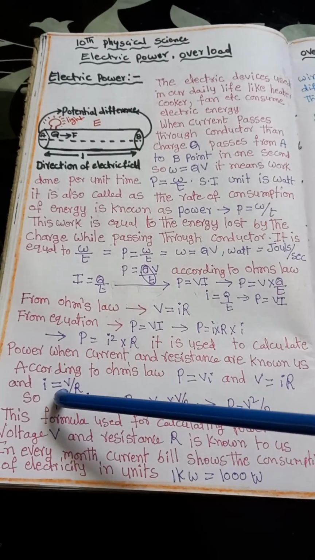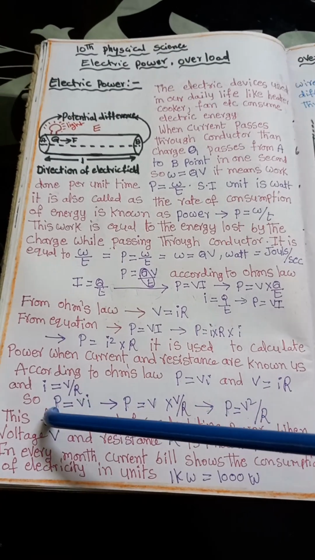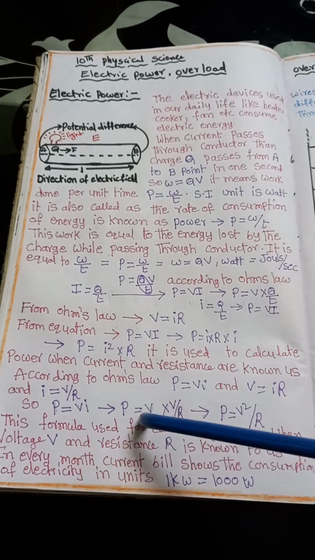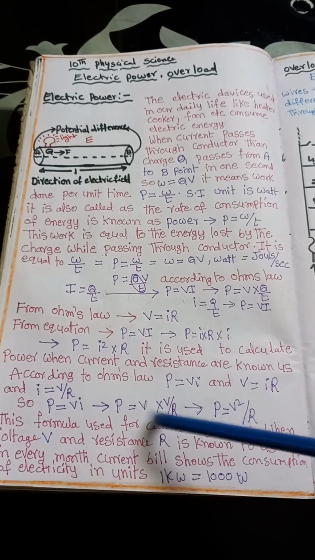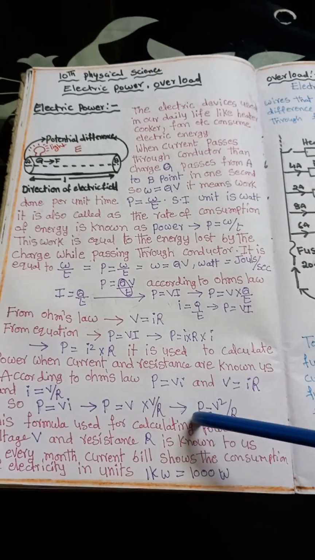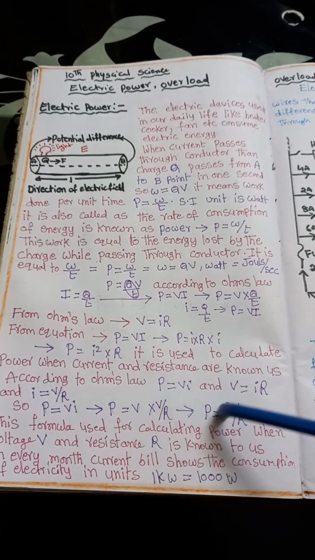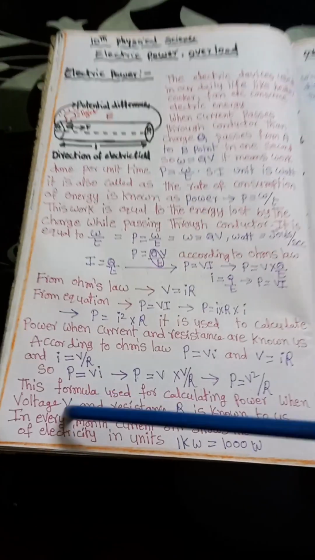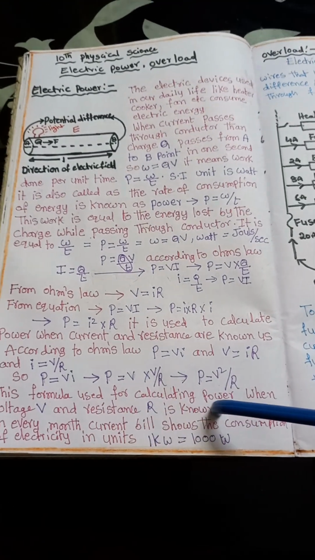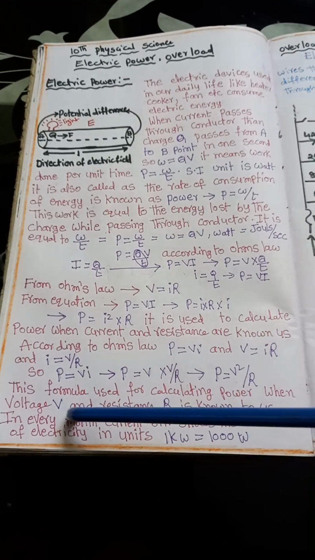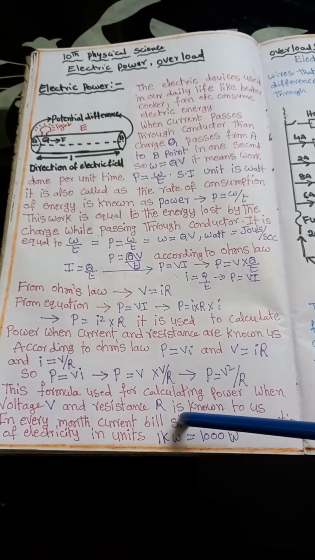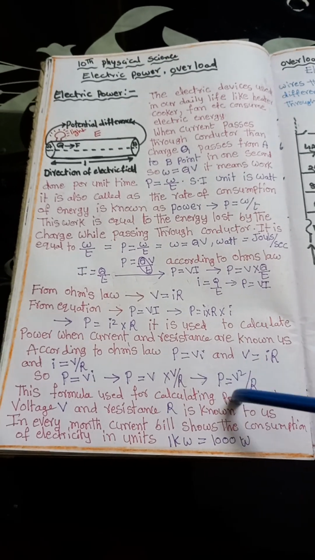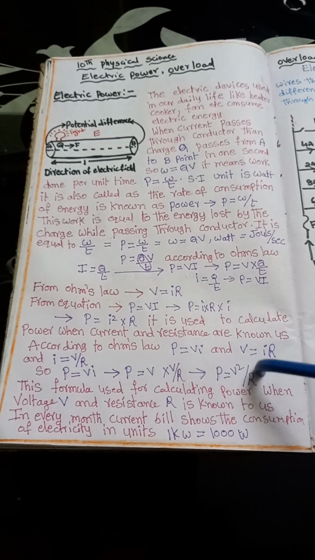So I is equal to V by R. So P is equal to VI, then you write P is equal to V as it is and I is equal to V by R. So P is equal to V square by R. This formula is used for calculating power when voltage and resistance are known to us.